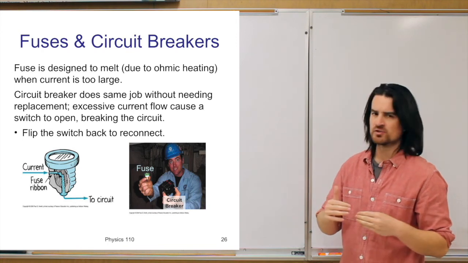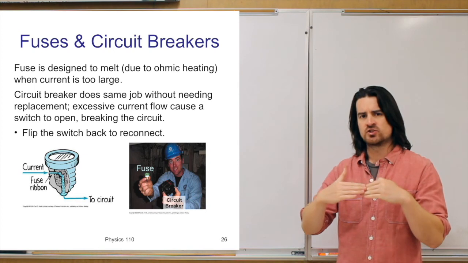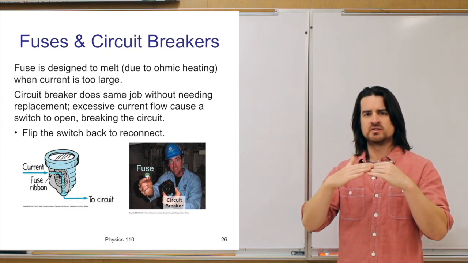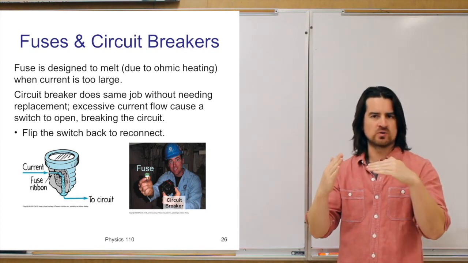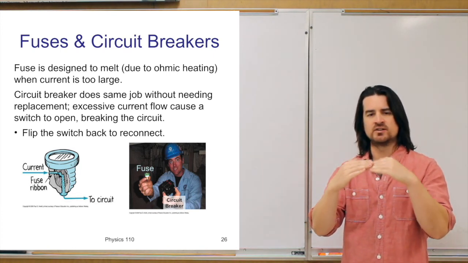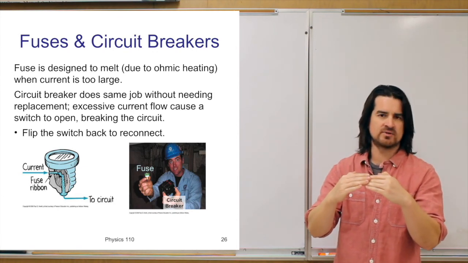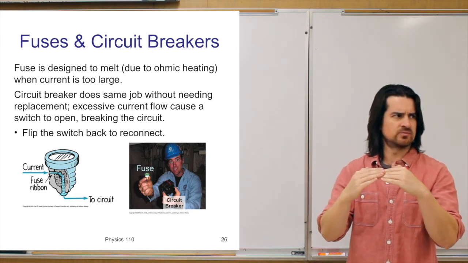And circuit breakers work a little bit differently, where essentially they're like a switch, so it can be opened and closed. Generally when everything's working fine, it's closed, but it utilizes another property of electricity and magnetism that we haven't talked about yet, and we probably will at some point later on.